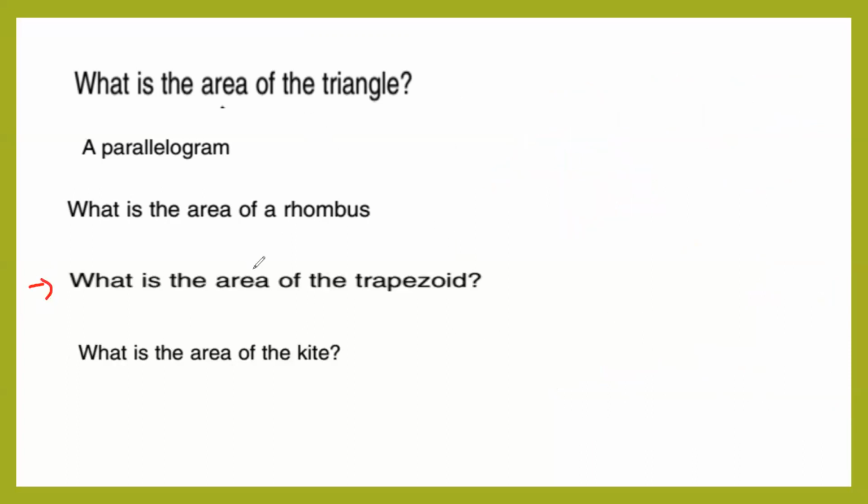Look at the next, which is the area of the trapezoid. What is the trapezoid? Let's draw the trapezoid to remember. Okay, take care, I'm working here with the height.